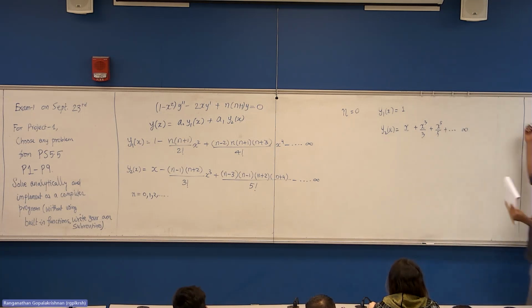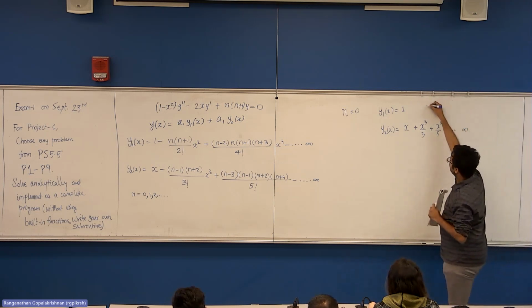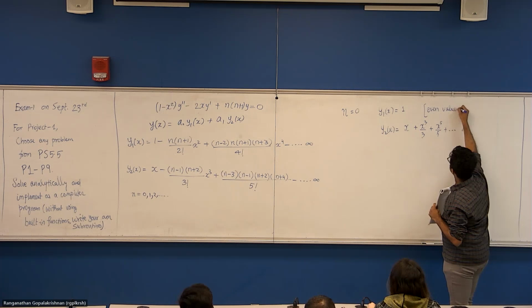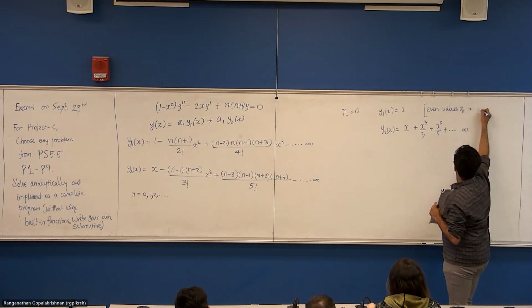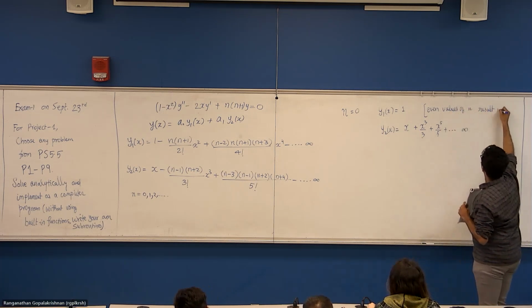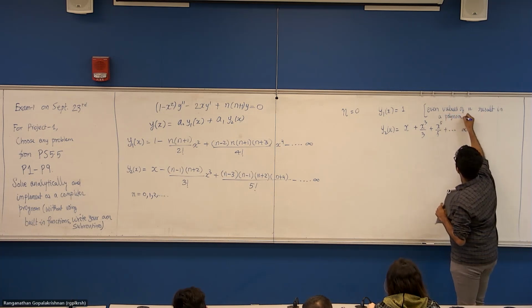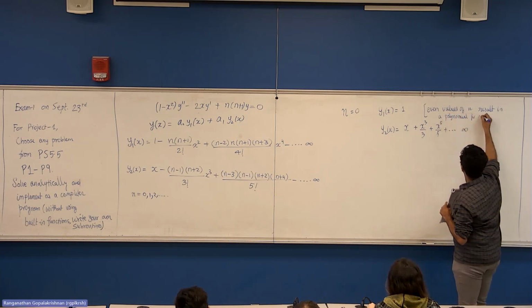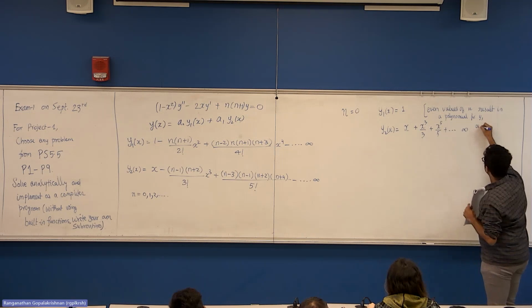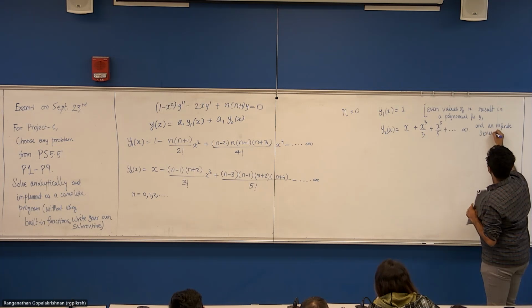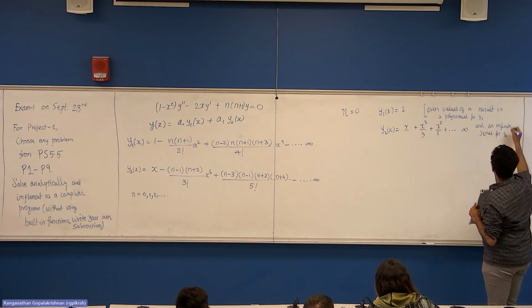So if you can remember, even values of n result in a polynomial for y1 and an infinite series for y2.